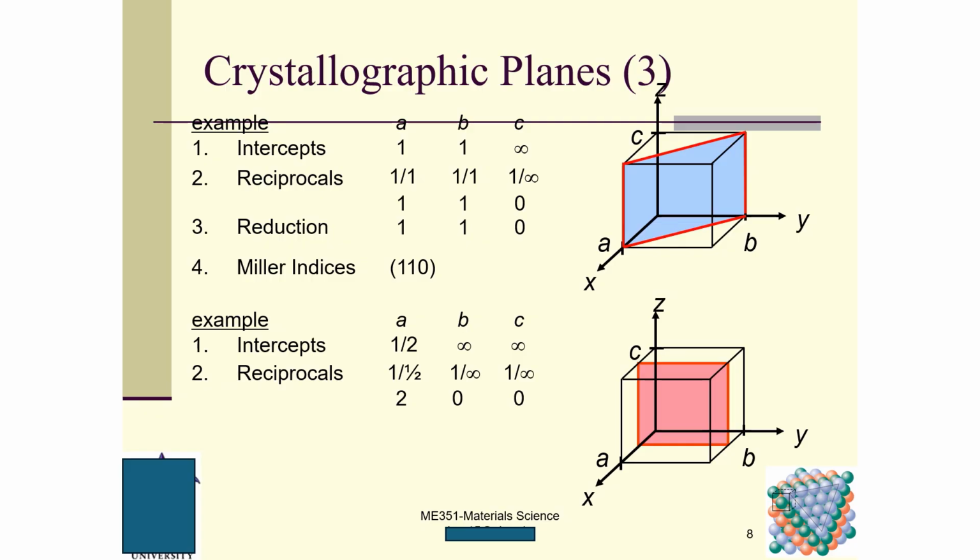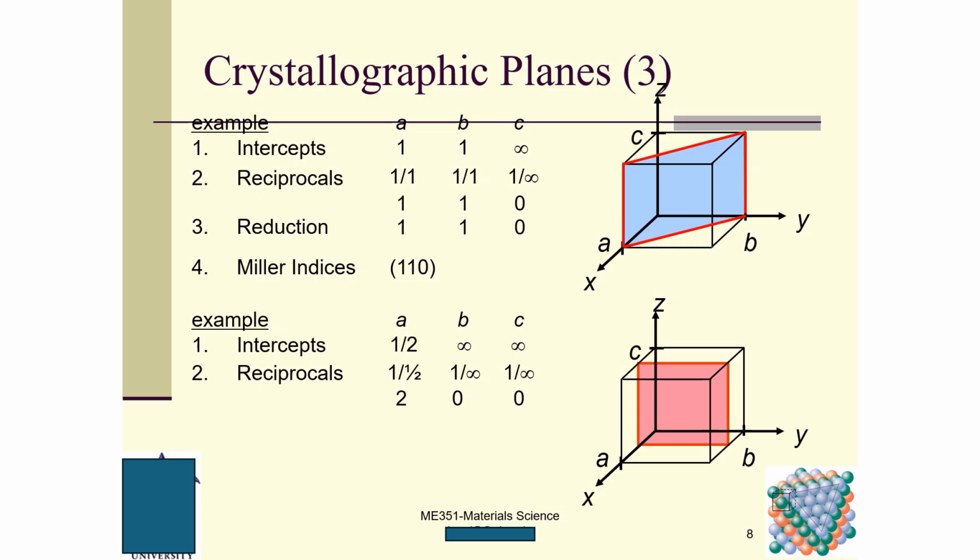And so the second example, the same XYZ coordinate system, but now we use a red plane. You can see this is the red plane. This red plane intercepts these three axes at 1/2 for A or X, because it is parallel to Y and parallel to Z. So as a result, these two intercepts equal infinity.